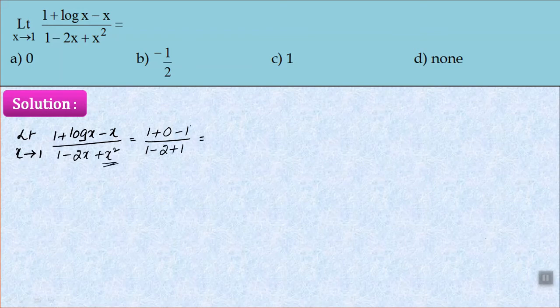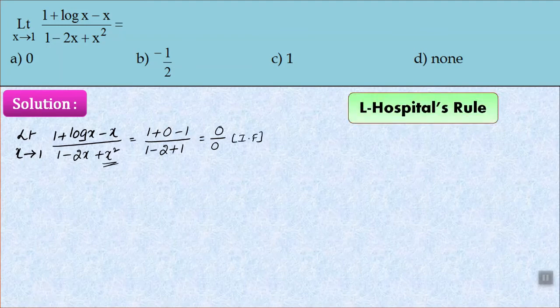That is 1 minus 1, 0, by 1 plus 1, 2, 2 minus 2, 0, which is of the indeterminate form 0 by 0. By using L'Hospital's rule for solving this, limit x tends to 1.